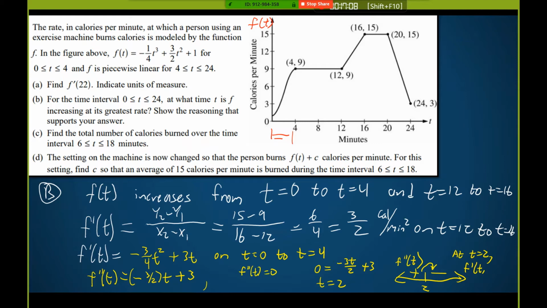Remember, whenever we've got a slope of 0, and we change from a positive slope to a negative slope, we have a maximum value, which is what we just proved. So we took a look at our first derivative and derived it again to figure out what the slope of the first derivative is, found the point when the slope of the first derivative was 0, and changed from positive to negative to maximize f prime. F prime will be as big as possible when t is 2. Okay, so I can use that.